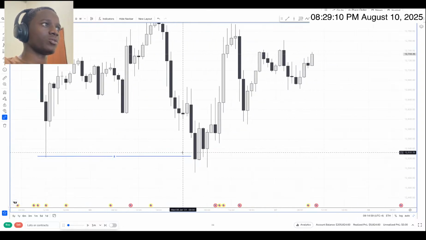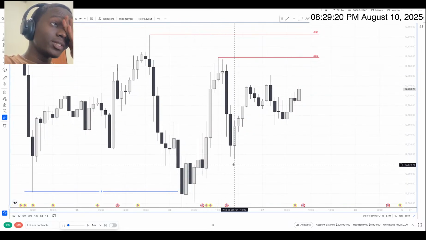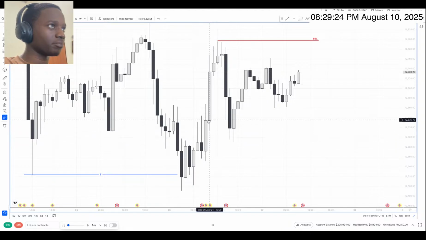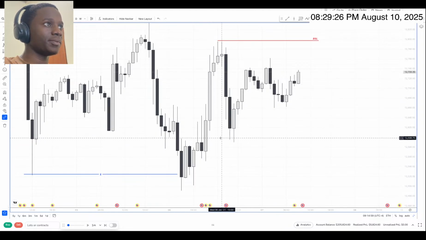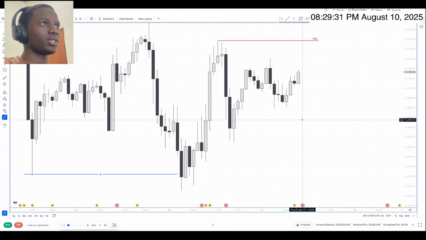So we swept here. You can see we have an internal shift because we closed above this high, and then we traced. Might be OTE, might be another block, it might be a rebalanced equilibrium, but you can see the block was lower before trying to start pushing higher.